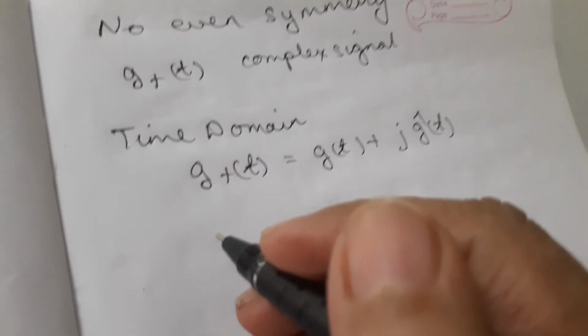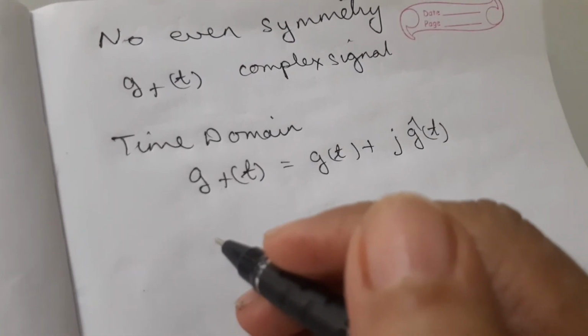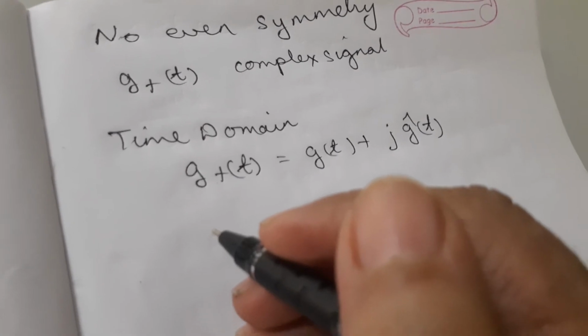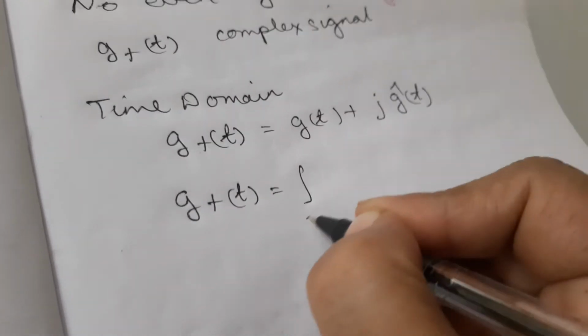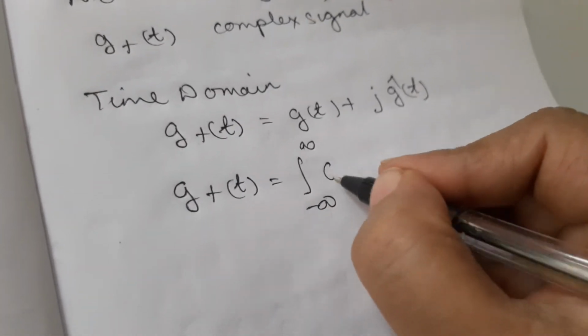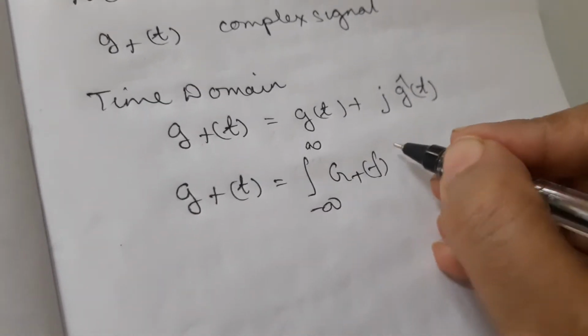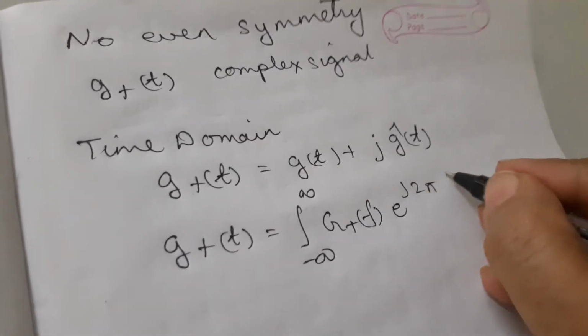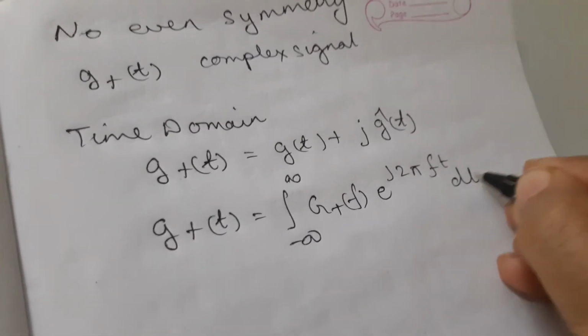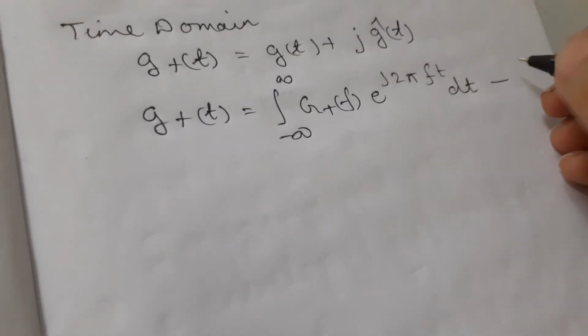In the frequency domain, using the definition equation from the inverse Fourier transform, we can say g plus of t is equal to the integral from minus infinity to infinity of g plus of f exponential j2 pi ft d of f. Let this be equation number 7.